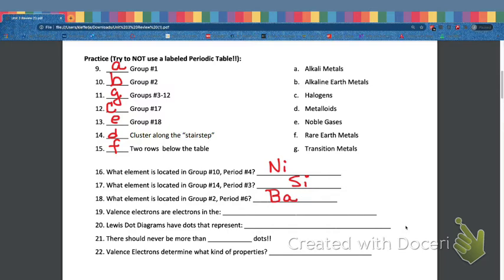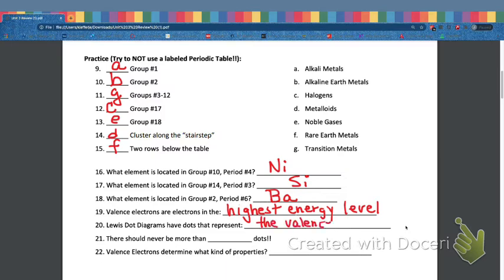Valence electrons are electrons in the highest energy level. Okay, so the outermost or the highest energy level, farthest away from the nucleus. So Lewis dot diagrams have dots that represent the valence electrons.